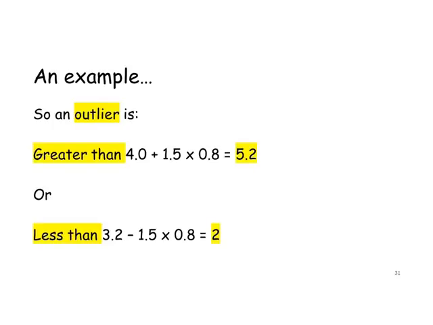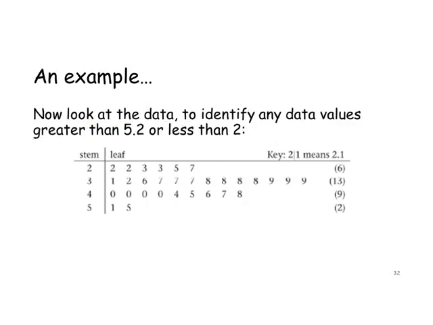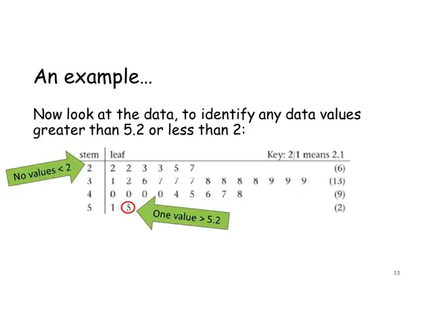So let's go back to our data and see if we have any outliers. Looking at our data, there are no values less than 2. There is nothing here. All of these numbers are 2 point something, greater than 2.